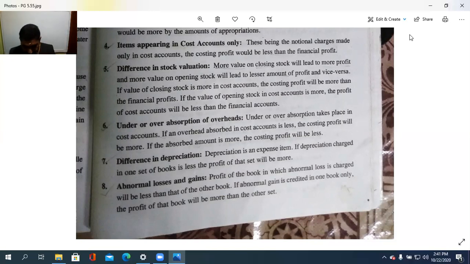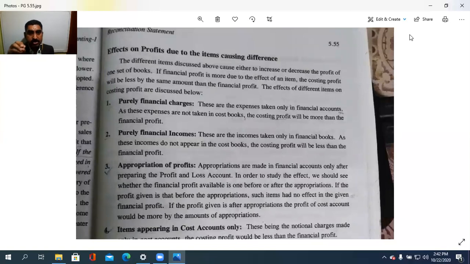Abnormal gain, if we get extra gain, profit will be high compared to the other books. If it is loss, profit will be less compared to the other set of books. So these are the effects on profit due to the items causing such a difference between the costing books and the financial books. So what are these?